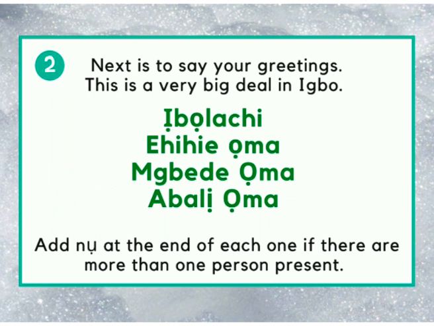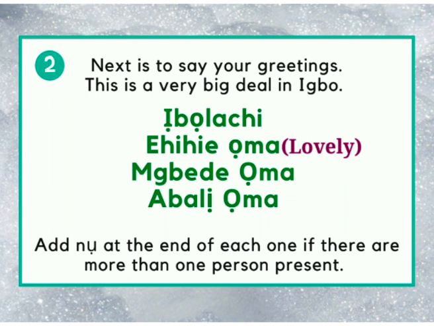Mgbede oma is good evening, and then you have abali oma. Abali oma is lovely night. Because although we call it good afternoon, good evening, and consequently good night for abali oma, it is not good night. Oma means lovely.